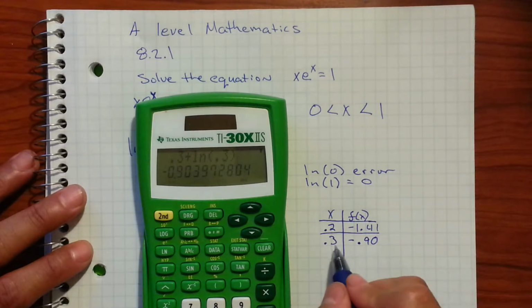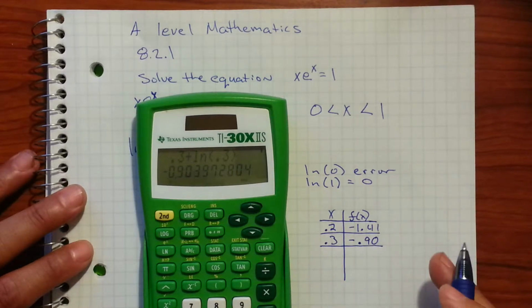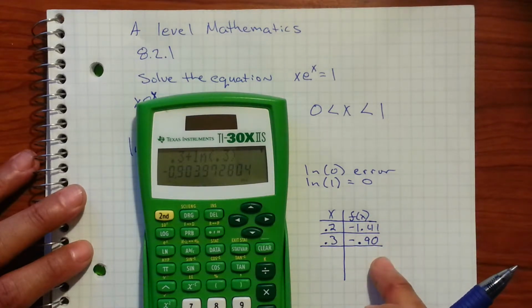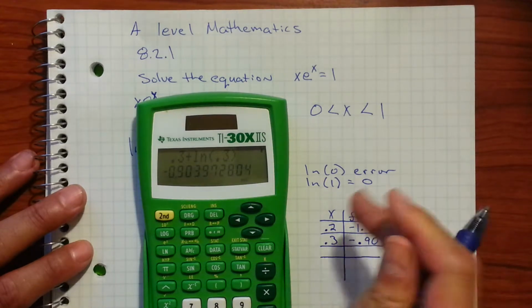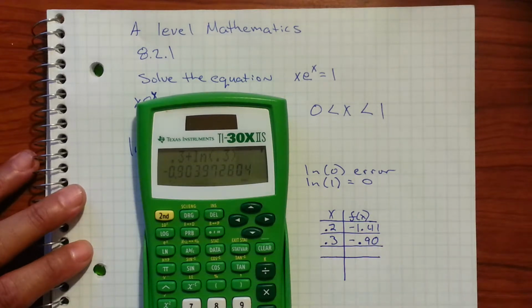So at 0.3, I'm going in the right direction. These numbers are getting closer to 0, but I'm not sure at what point I'm going to end up having to go. I don't want to have to go all the way to 0.9, but somewhere in between. So let's see, next one's 0.4.